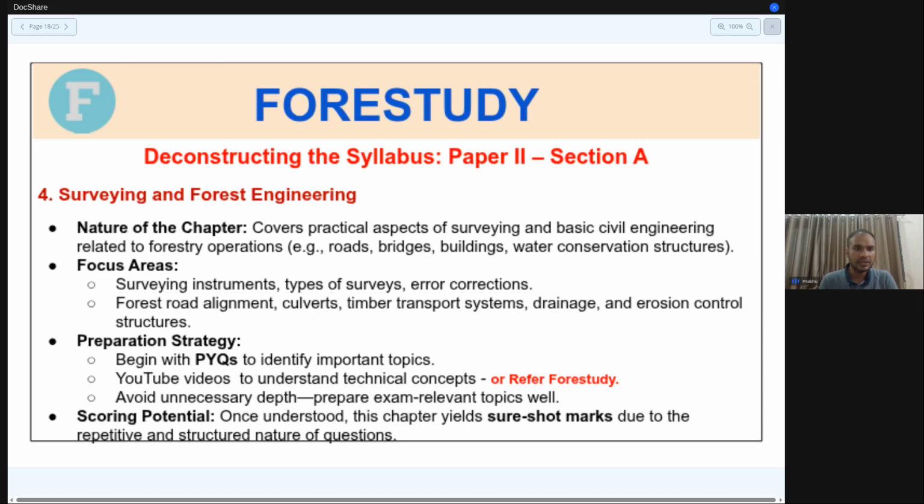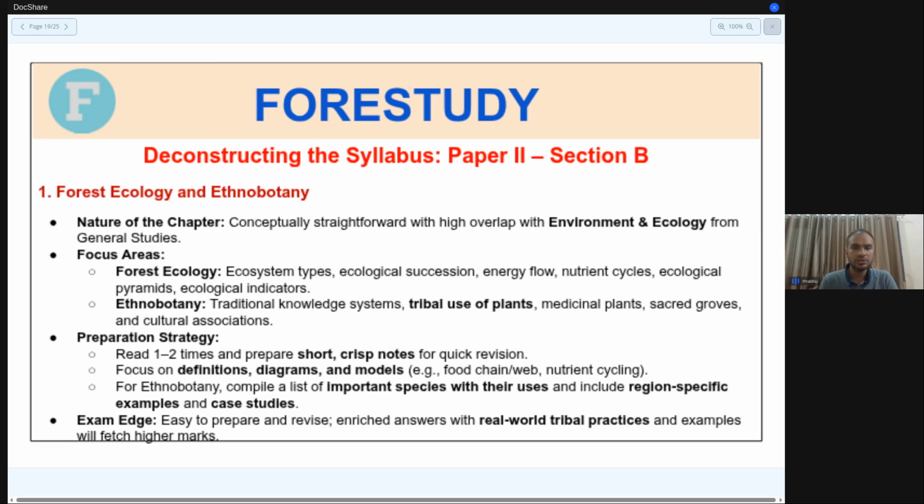Next we are going to section B. The first chapter is forest ecology and ethnobotany. Ecology is very simple. You might have already studied all that has been discussed here in environment for general studies.